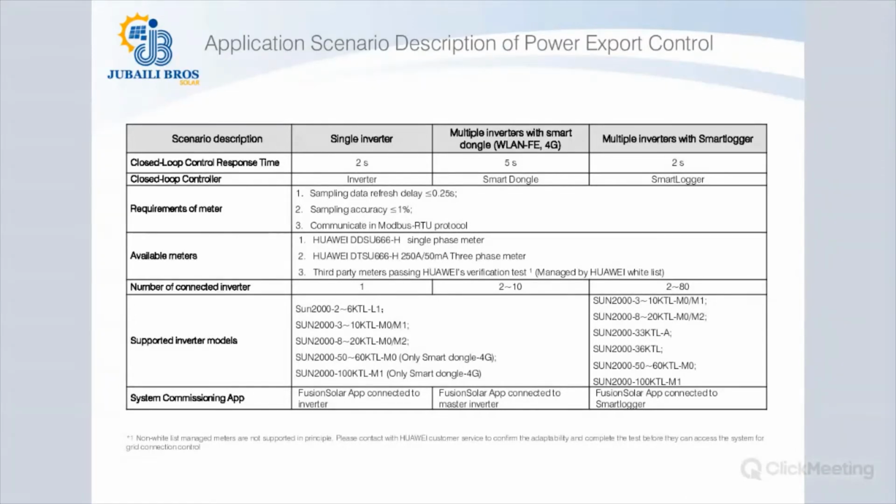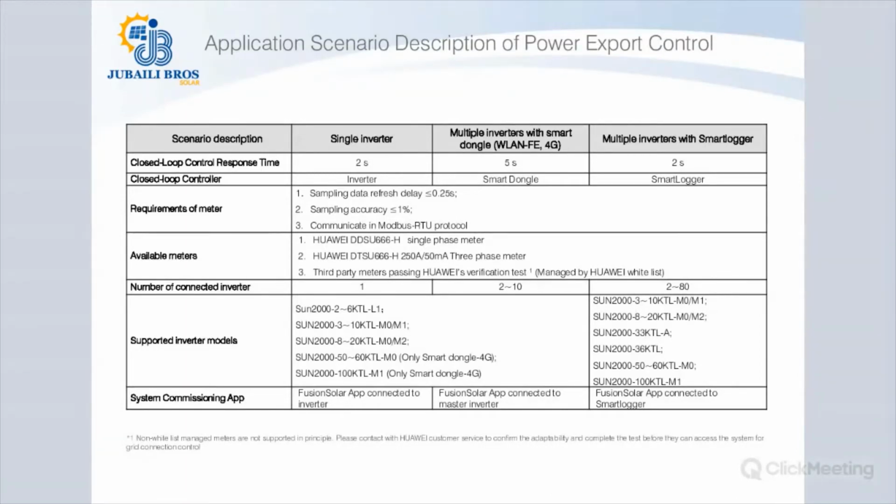The requirements of the meter for this function are a refresh delay time of less than 0.25 seconds, sampling accuracy less than 1%, and communication with the Modbus RTU protocol using the RS-485 communication cable. We have two types of Huawei meters available, the single phase and the 3-phase.